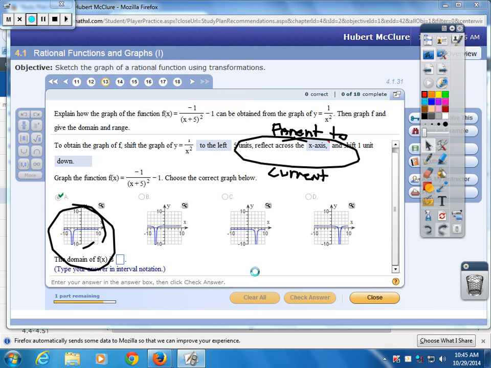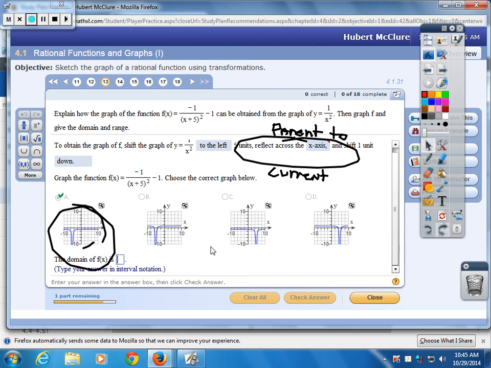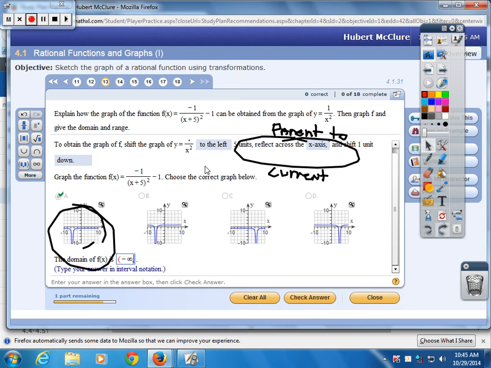So we're going to type in parentheses, negative infinity, comma, -5, parenthesis, and they're probably going to want you to put a union. Do they have a union? Yeah, right here. And then from -5 to infinity.